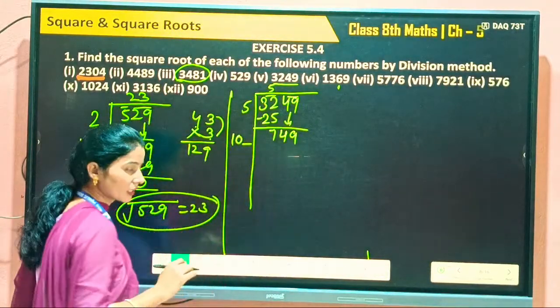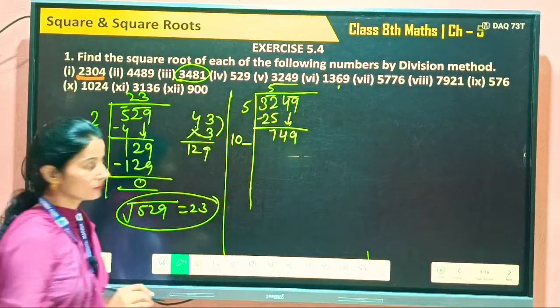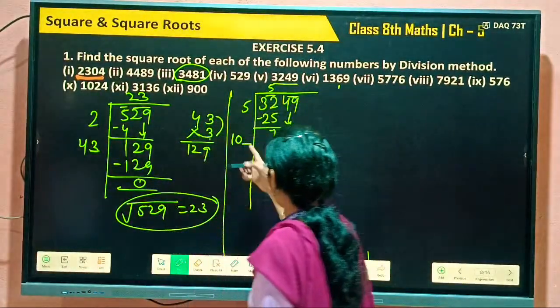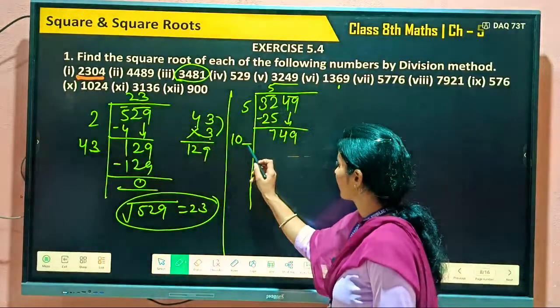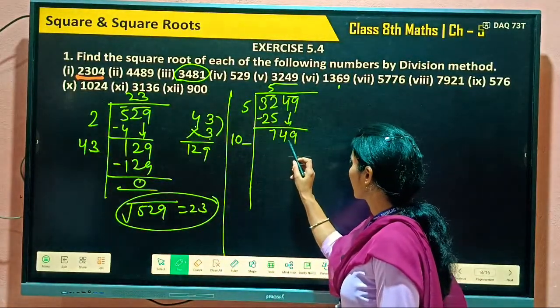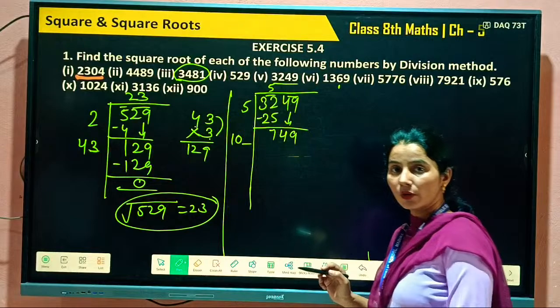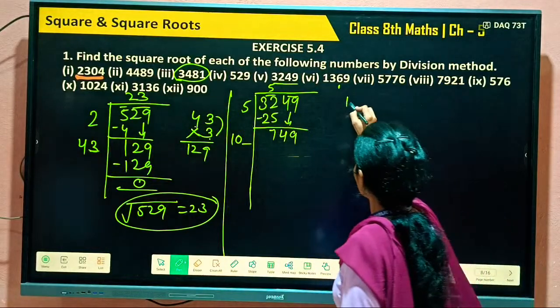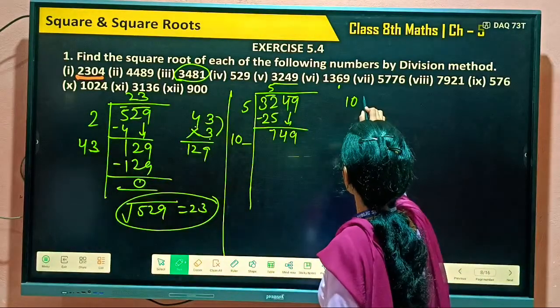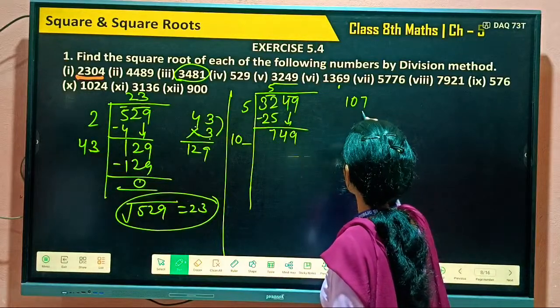Enter this 10 with leaving one blank at its right side. Now we need to think about one digit whose multiplication with this number will give us 749 or less than this one. So 7 7s are 49. Yes.